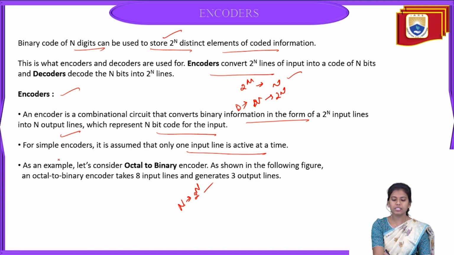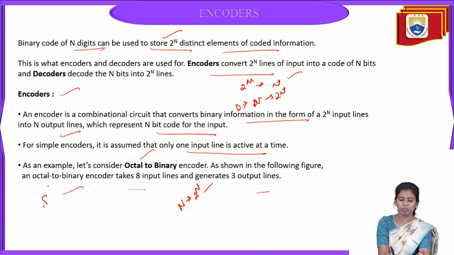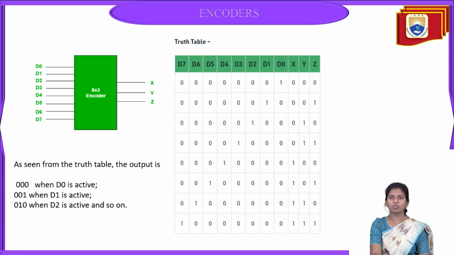Always remember, one input line is always active. The example we consider is the octal to binary encoder, which takes 8 input lines and generates 3 output lines.